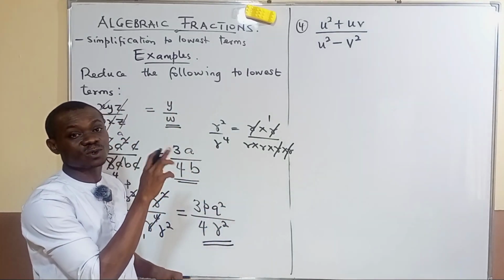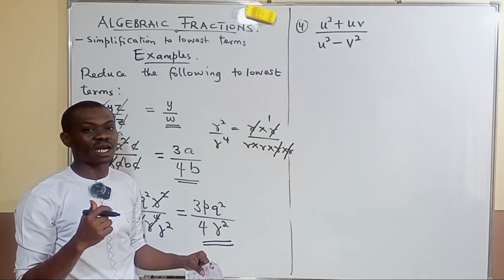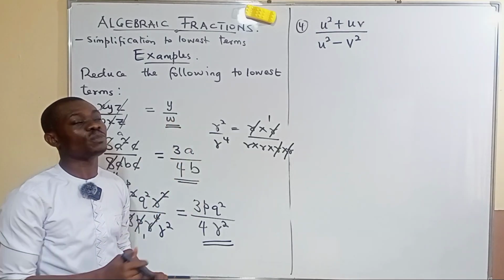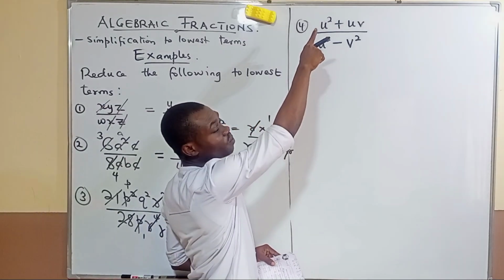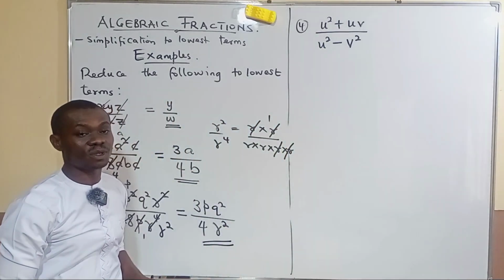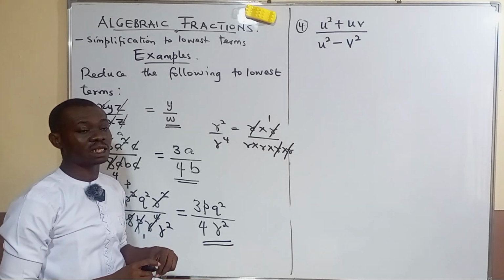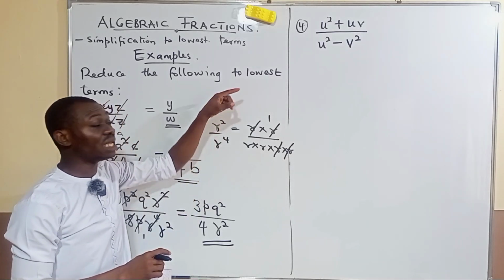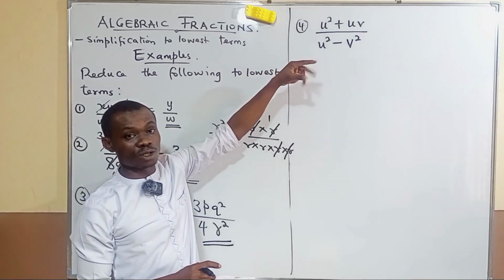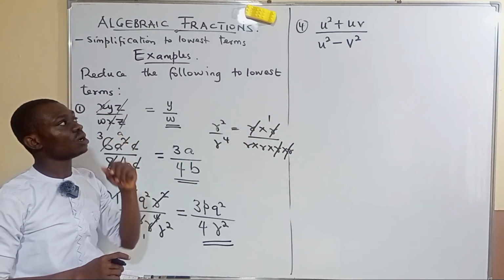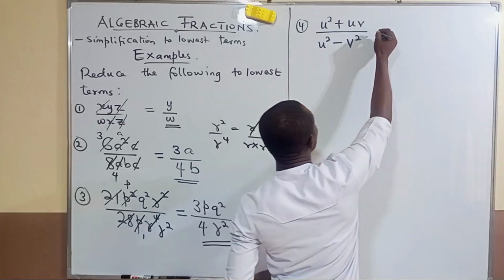This is why it was necessary that we do the lesson on factorization before coming here, because you would need to factorize both the numerator and the denominator. In case you've not seen that video, I will put the link to the video in the description of this other video so you can see that.